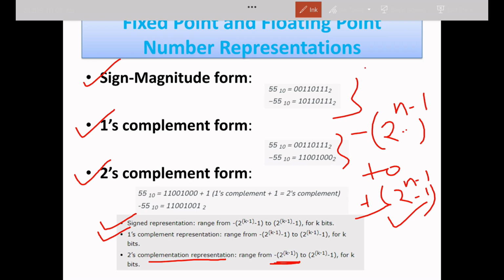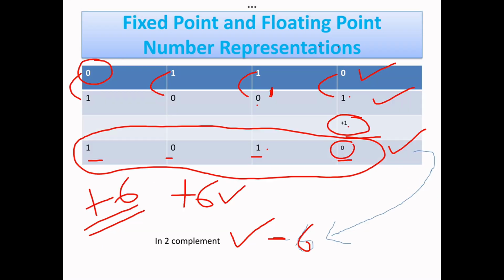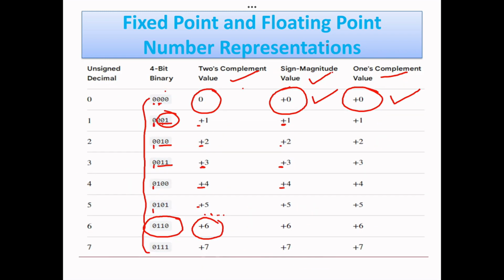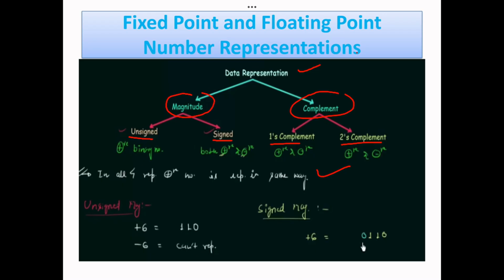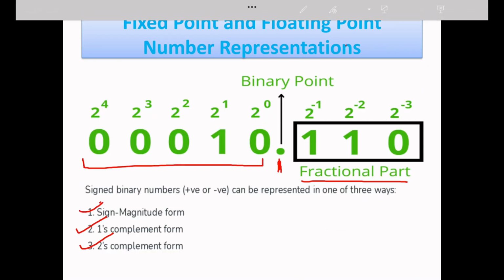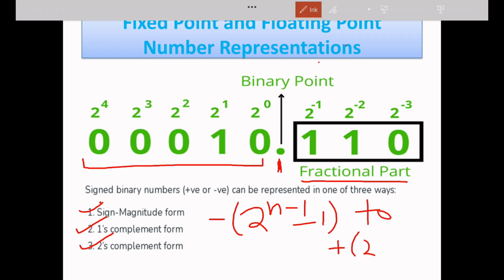Now what is the meaning of range? Again I will explain what is the meaning of range. So range means, suppose I am writing minus 2 power n minus 1, plus 2 power n minus 1 minus 1.